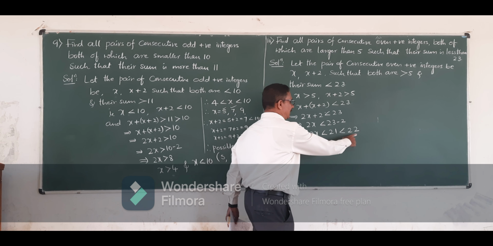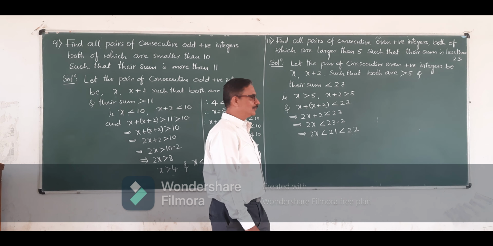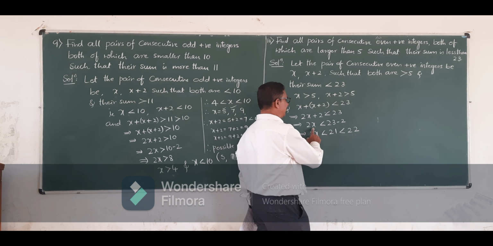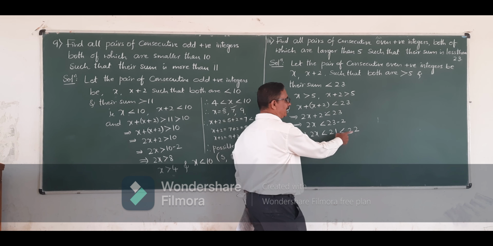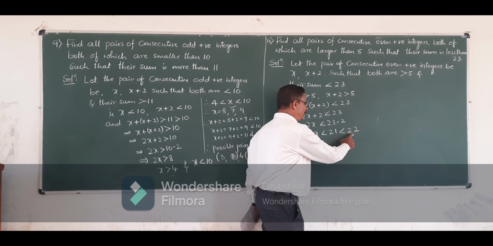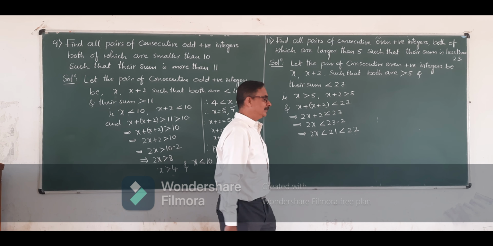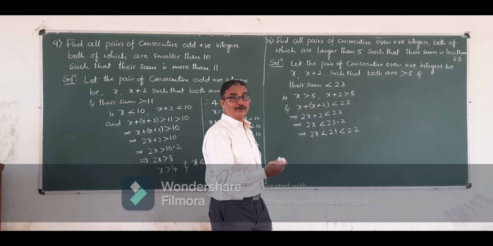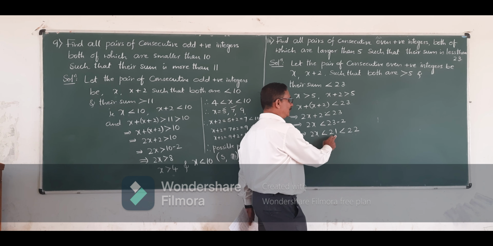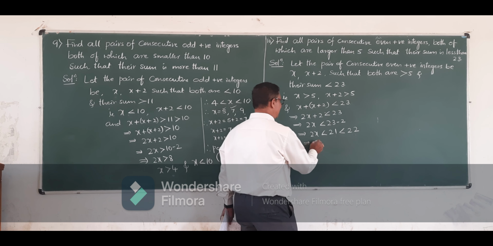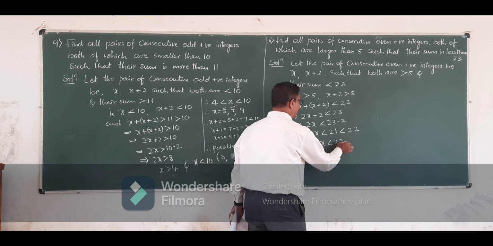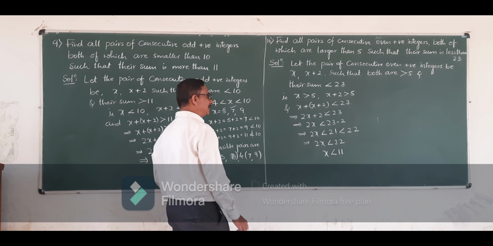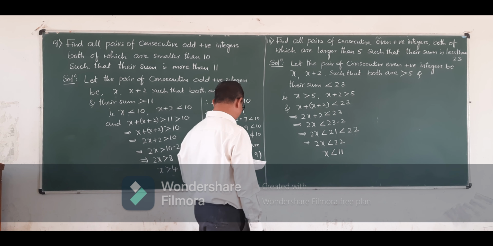To make it a perfect number, 21 is less than 22. See, their sum is less than 23, that is 2x less than 21, but 21 is less than 22. Why did we take the round figure? It does not divide: if we take 21, we get x equal to 21/2, a fractional value, which is not an integer. So 21 is less than 22. This implies 2x is less than 22, divided by 2, x is less than 11.